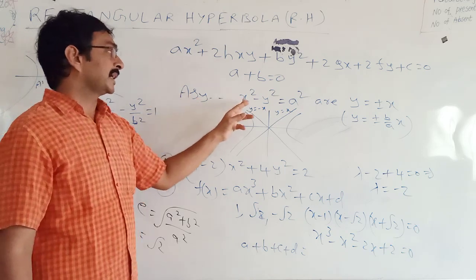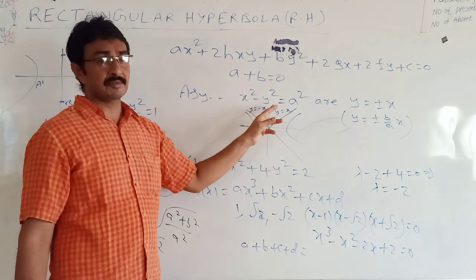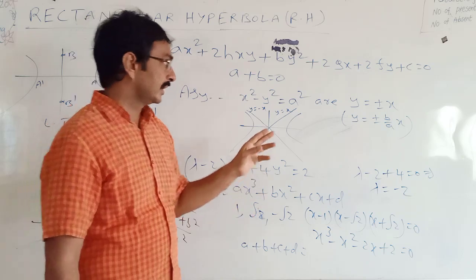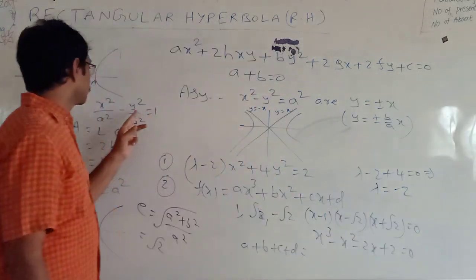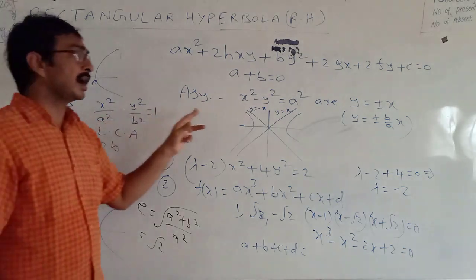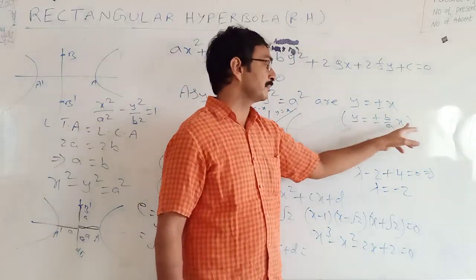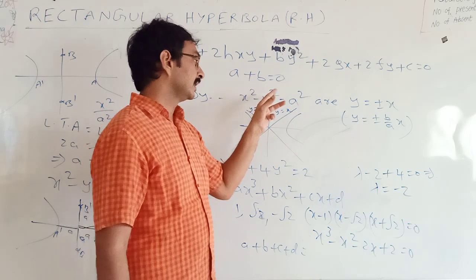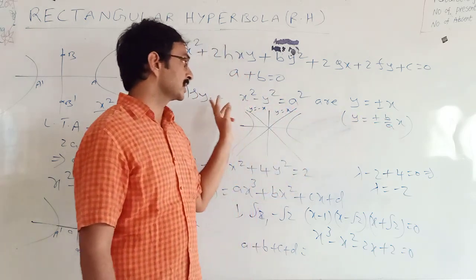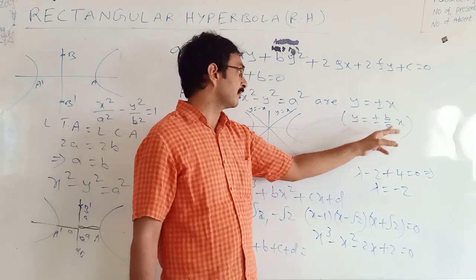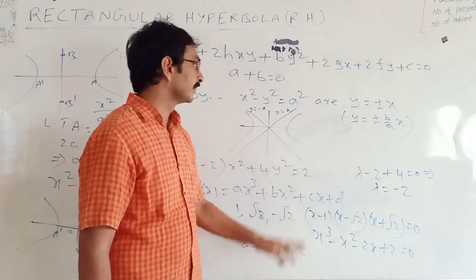Asymptotes of rectangular hyperbola x square minus y square equal to a square. Yesterday we discussed the formula for asymptotes of the hyperbola: y equal to plus or minus b by a x. But in rectangular hyperbola a equal to b. Therefore, asymptotes of rectangular hyperbola are y equal to plus or minus x.